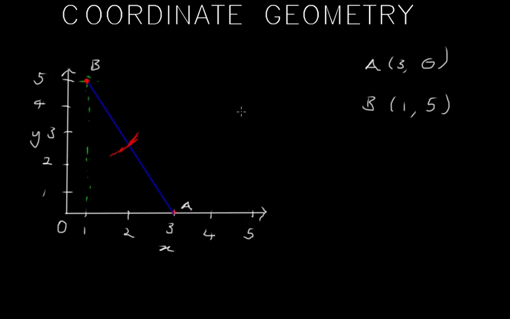So when we're dealing with coordinate geometry, as I said earlier, we've got 2 coordinates that we are dealing with. We've got the x coordinates and we've got the y coordinates. So for each point, you would have the x and the y. For A, we've got the x and the y, and for B, we've got the x and the y. The values on the left are the x values, and the values on the right are the y values.